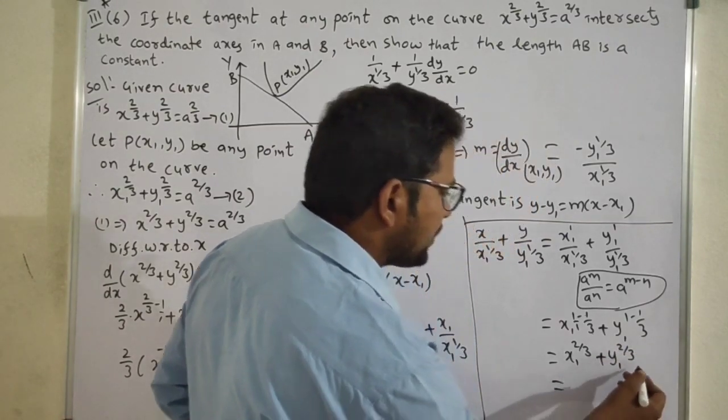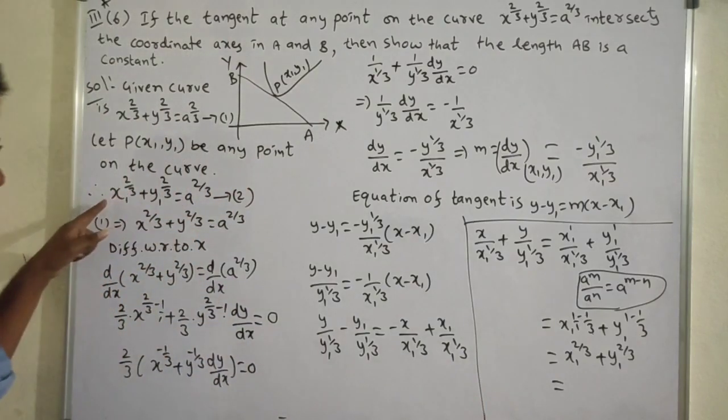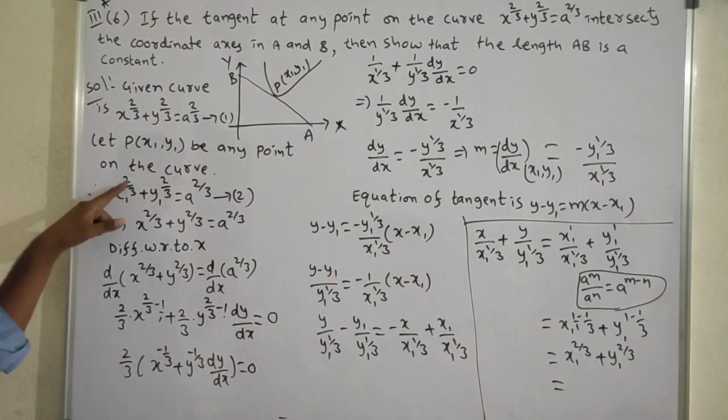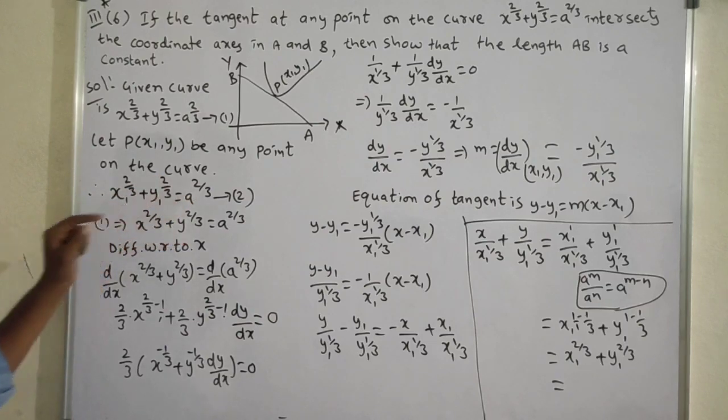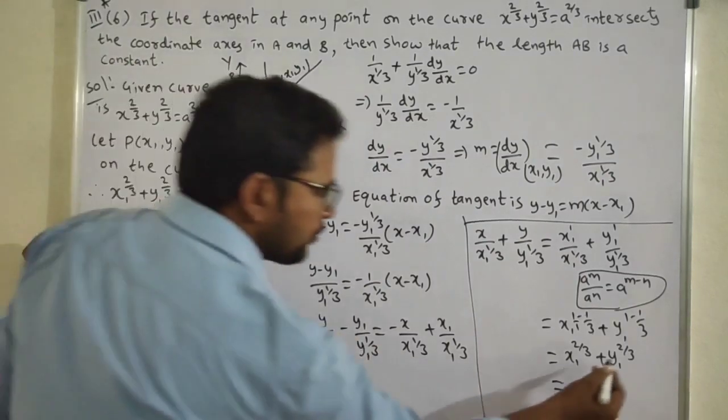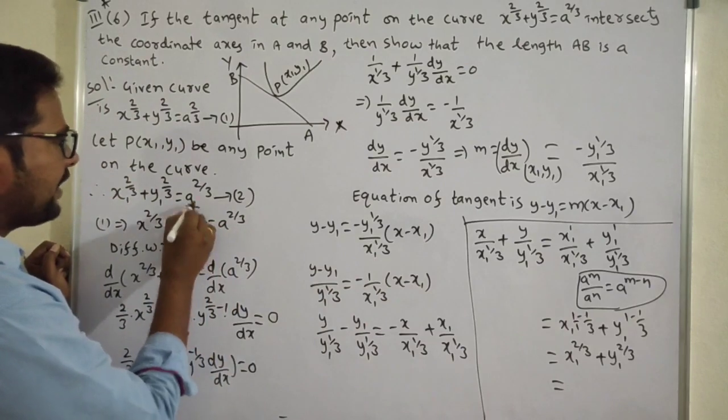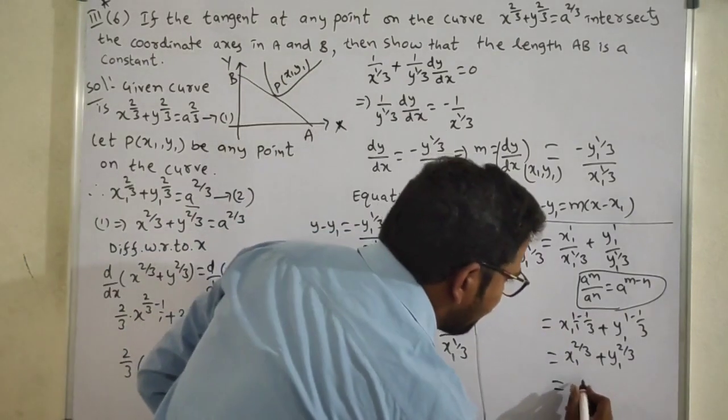But what is the value? From equation 2, x1 power 2 by 3 plus y1 power 2 by 3 is equal to a power 2 by 3. We can write this as a power 2 by 3.